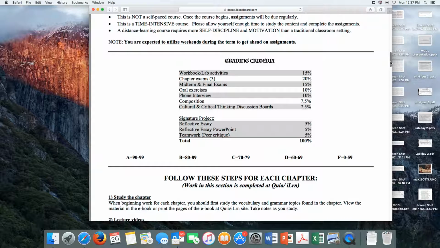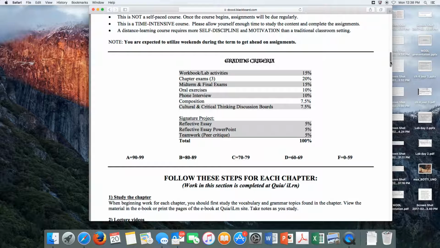Finally, there is a signature project for this course, which is an essay written in English regarding a topic that deals with intercultural themes. We will discuss the topic and how to submit it later in the semester.